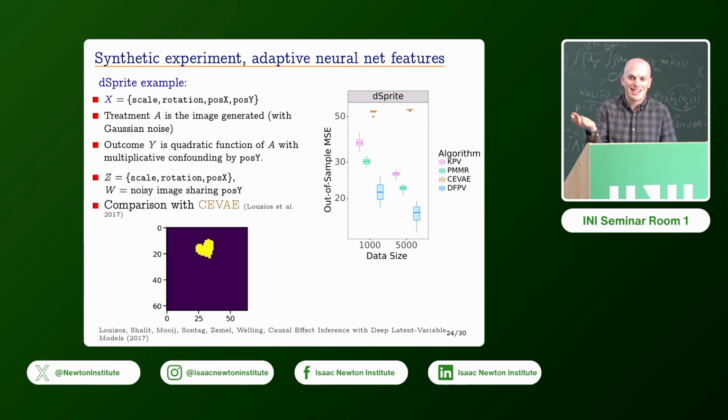When that's the case, it's not very good for causal effect estimation because it's got too much junk in there. So that's the intuition as to why the autoencoder approach didn't work so well. And you can see that in practice as well. Here, the CEVAE approach for this example didn't work super well, whereas the neural net methods are working best for this example.